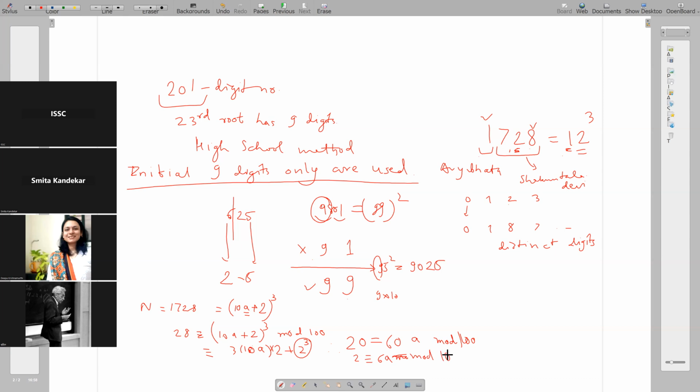So we can now cancel these 2 also. So 1 is congruent to 3a mod 5 and a is equal to 2. Wrong, something wrong. I want 2 square.